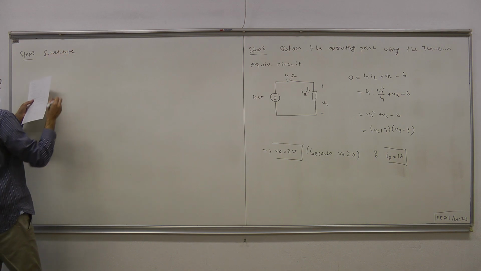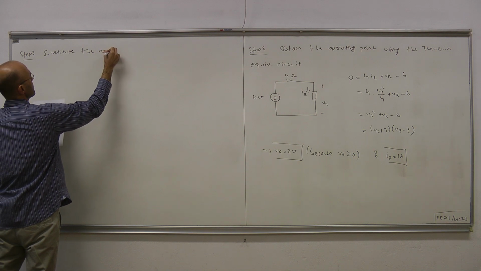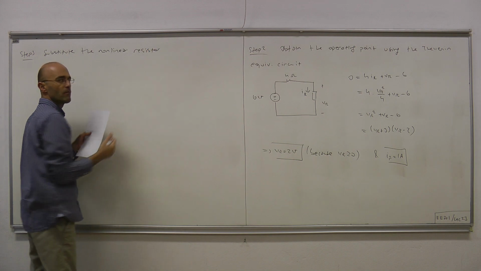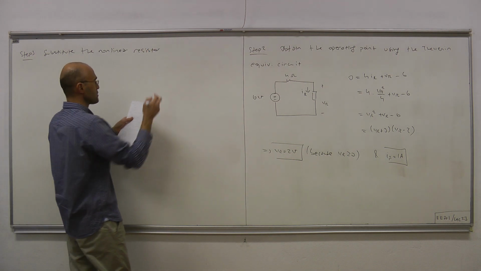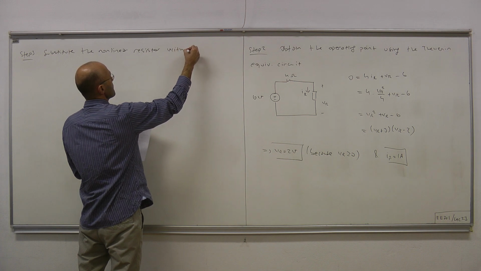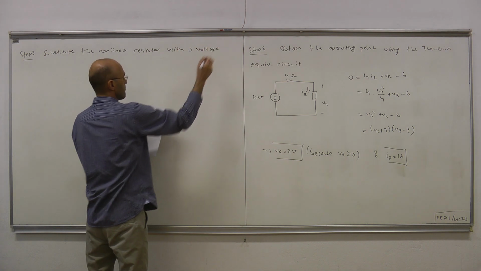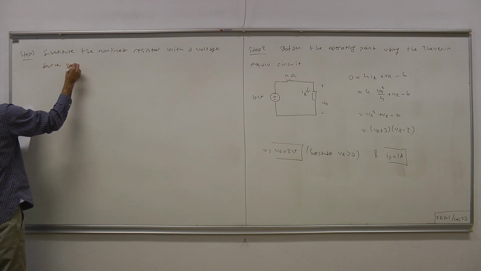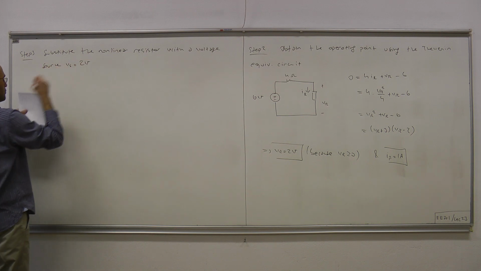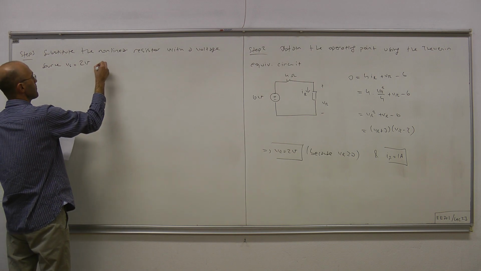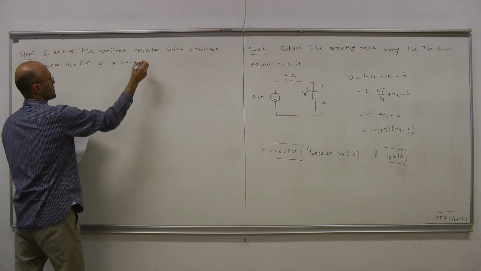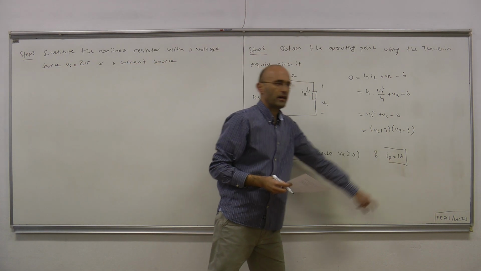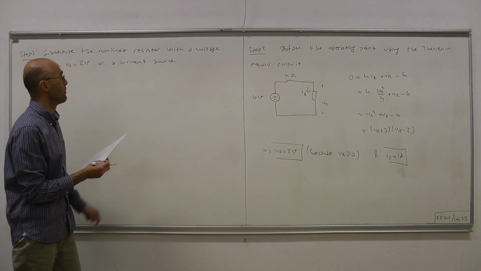Okay, substitute the nonlinear resistor with the voltage source Vs equals 2 volt, or a constant current source that provides current equal to the operating point current of the nonlinear element, which is 1 amp.